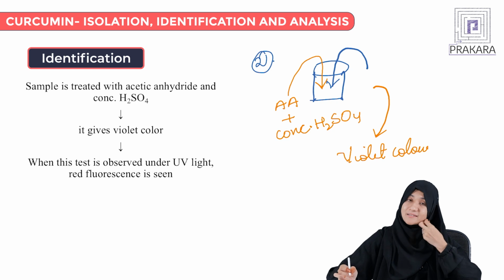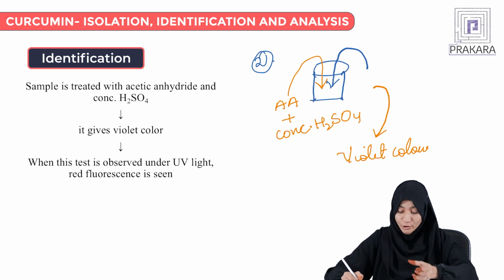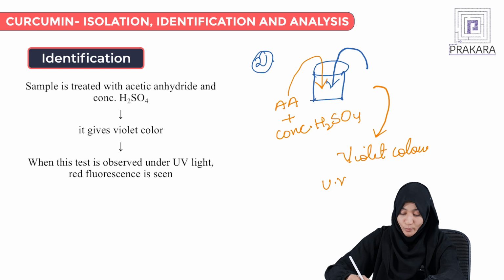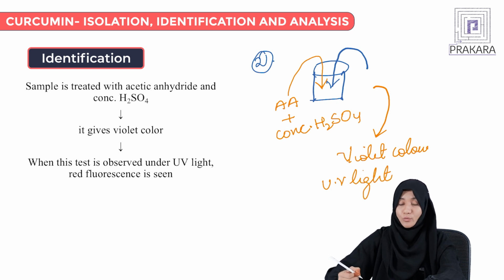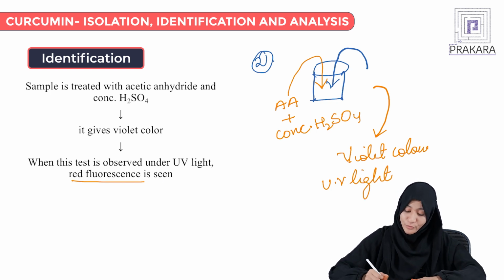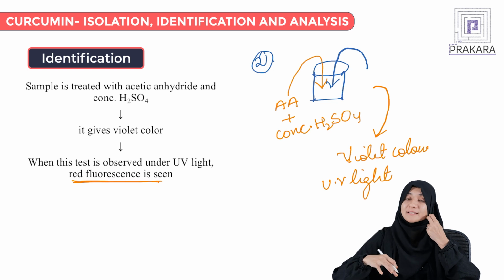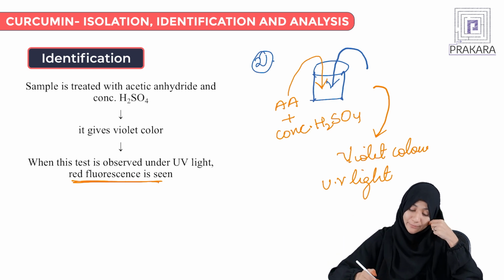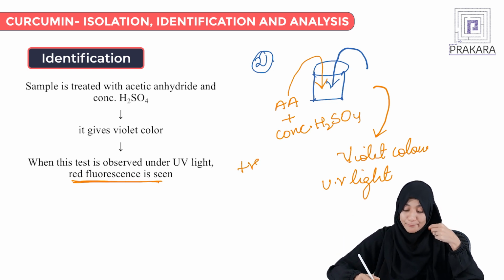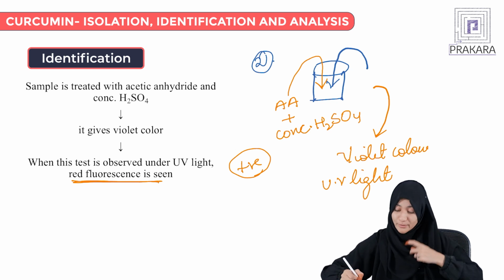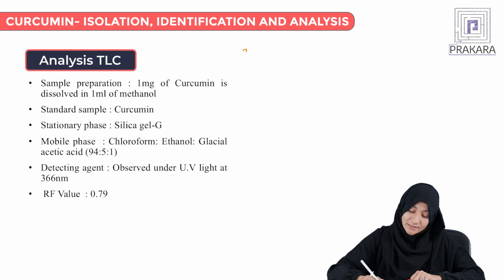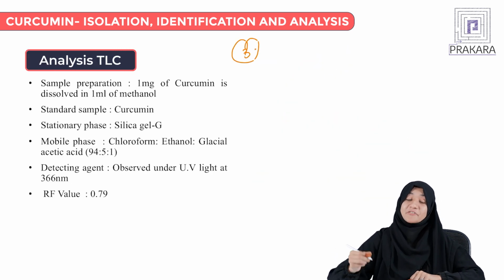Now you keep that in UV light. In UV light, you observe red fluorescence. If red fluorescence is seen and violet color appeared, it indicates that the sample which you have isolated is curcumin.